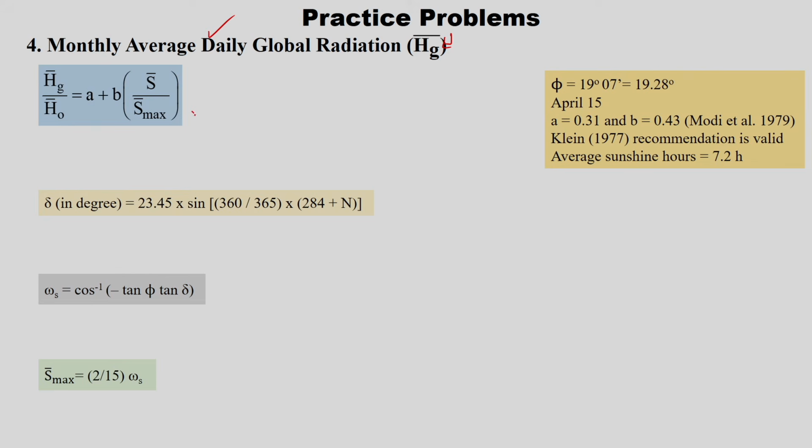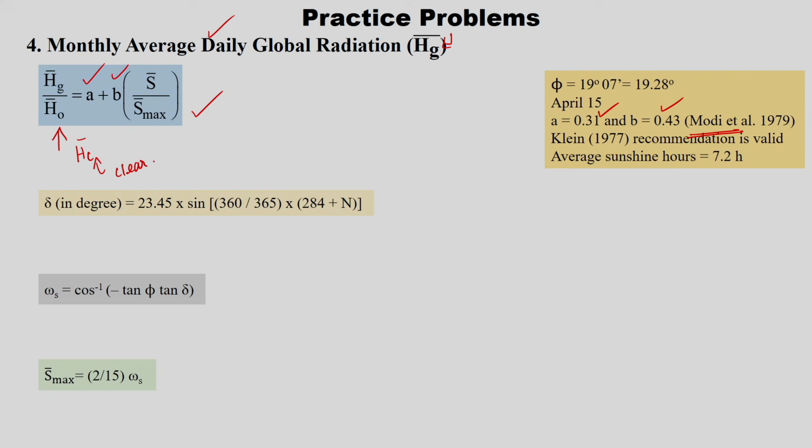The correlation given here is Hg bar upon H naught bar equals A plus B S bar upon S bar max. Here A and B are fitting constants, given as 0.31 and 0.43, defined by Modi et al., 1979; the reference is given in this lecture. When he proposed these constants, the formula was actually made for Hc, the monthly average daily global radiation on a clear day.